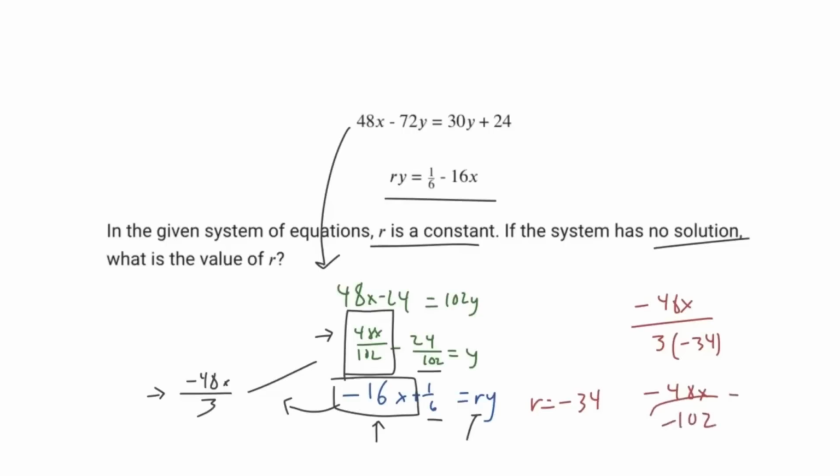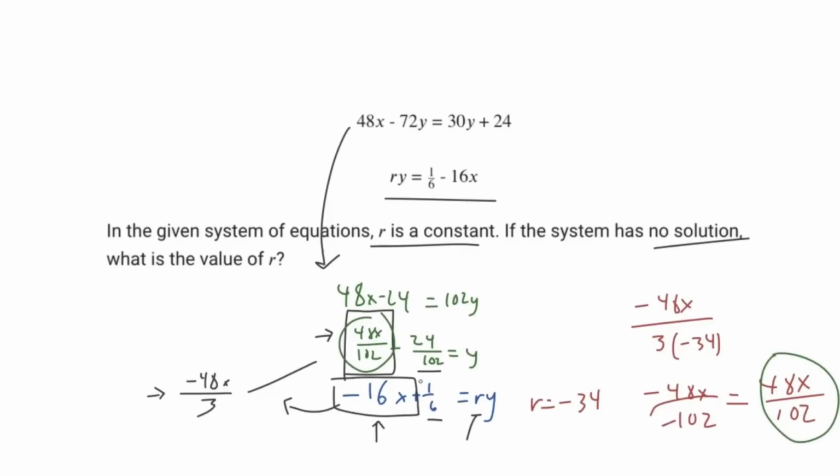So negative 48x over negative 102, like we said before, is the same thing as just 48x over 102. So we can see now that the slopes do line up, right? 48x over 102, 48x over 102. It's kind of messy, but you get the idea.